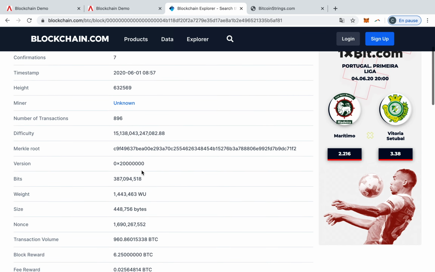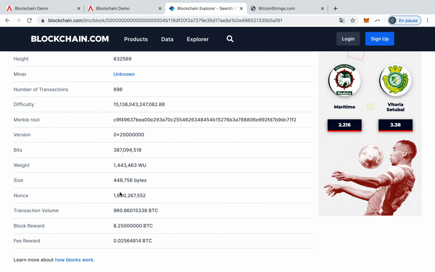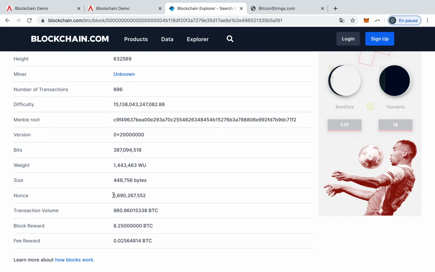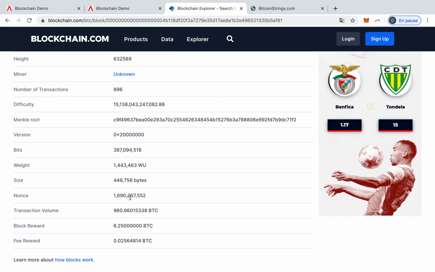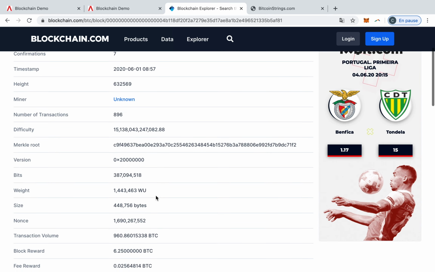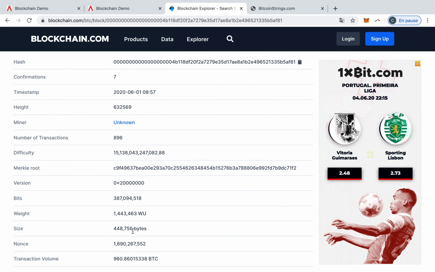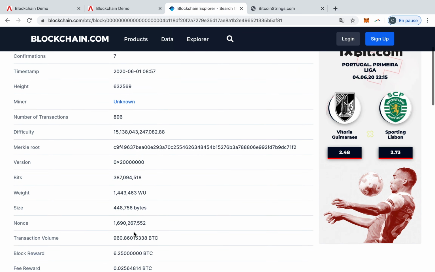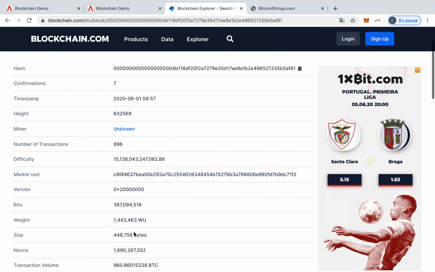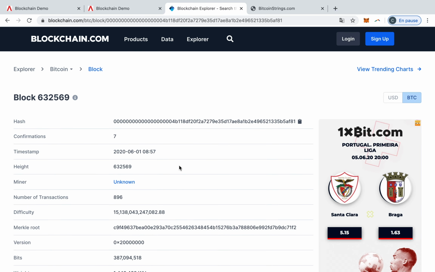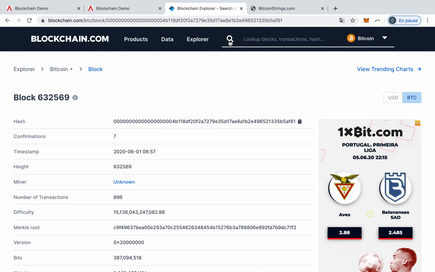And you can see here that the nonce to be found was 1,690,000,000, etc. Okay? So this is the nonce to be found to win the competition. And you can check that for early blocks, like let's say block 1000, okay?